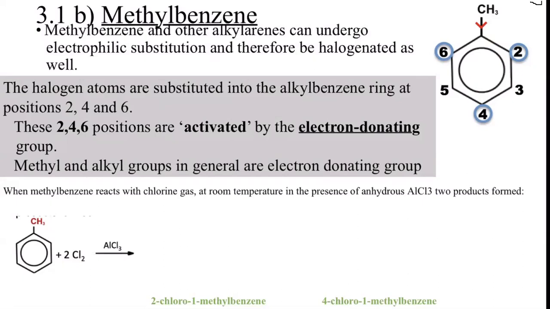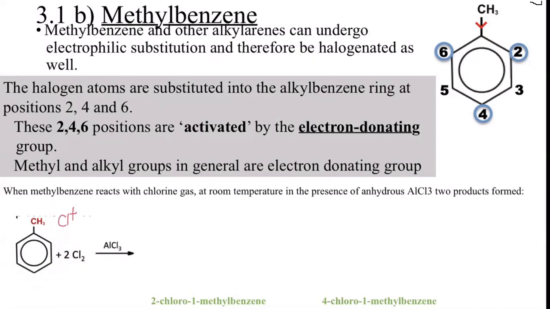Okay, I'm going to use pink because it's my favorite color. Okay, so here you have a methyl benzene. Okay, so if you have a chlorine with anhydrous aluminium chloride, that means electrophilic substitution will happen.